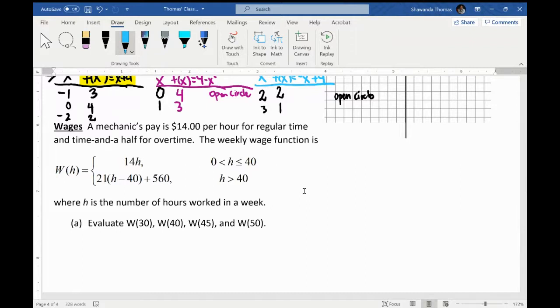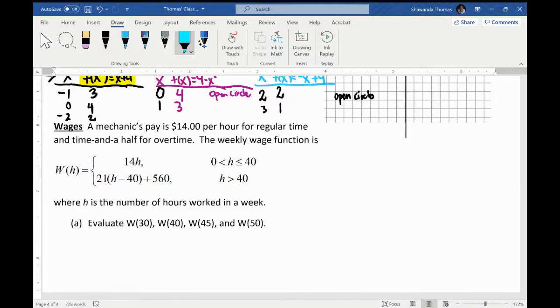The weekly wage function is W of H equals 14H when H is between 0 and 40, then 21 times (H minus 40) plus 560 when H is greater than 40, where H is the number of hours worked in a week.